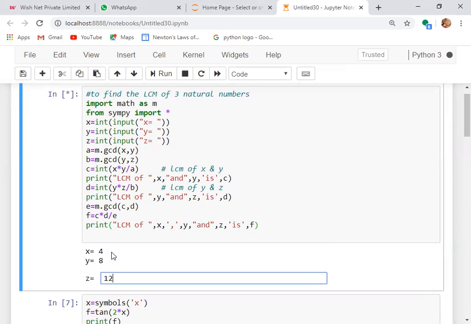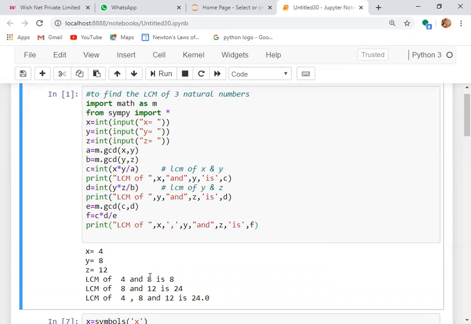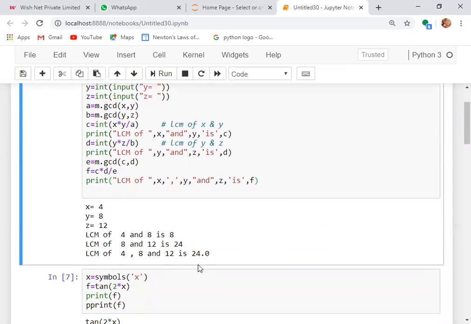And the third is 12. Now 4, 8 and 12 are the three numbers. If we push the enter button, the LCM will be 24. So the LCM of 4 and 8 is 8, and of 8 and 12 is 24. So we got the same logic, 24.